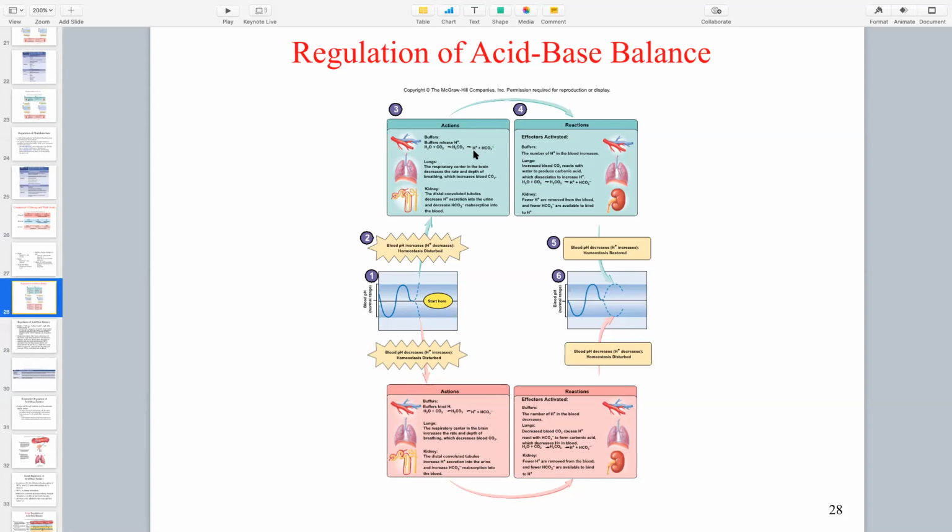And again, if we are alkalotic, high pH, 7.8, in order to get to 7.4, we need to lower the pH, right? How do we lower the pH? The only way to lower the pH of anything at any time is to increase the hydrogen concentration. So when we are basic, we need to increase hydrogen.